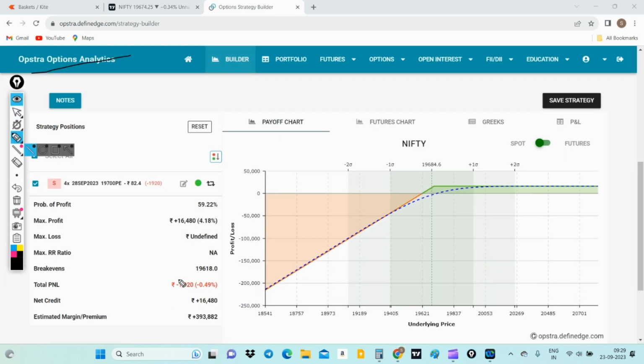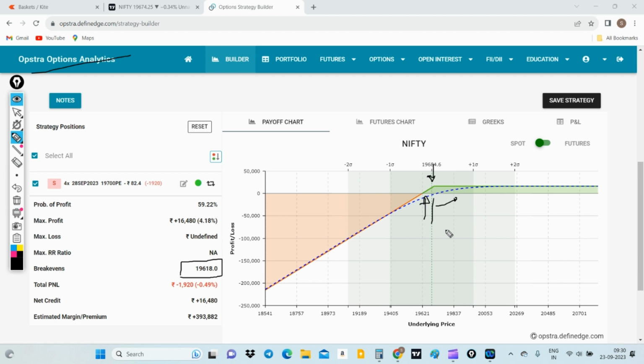Now for me the break-even is 19,618. At or below 19,618 my profit will increase, and the maximum profit happens at 19,700.